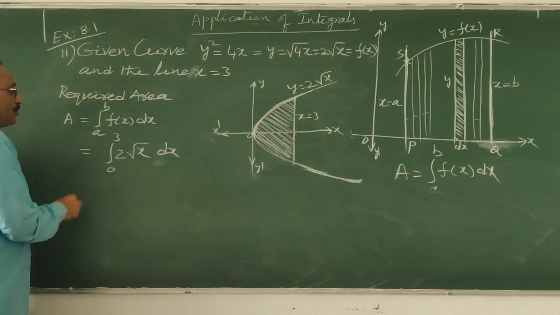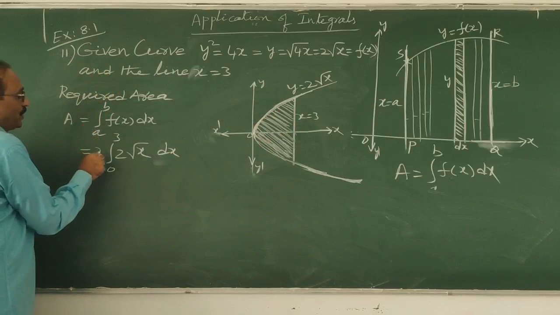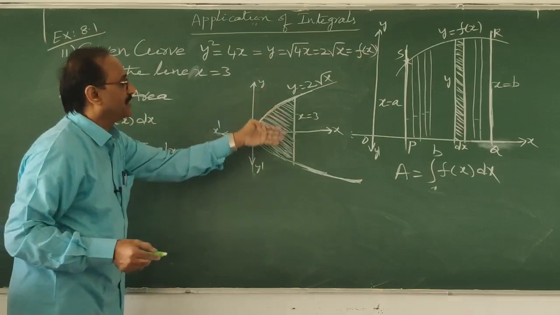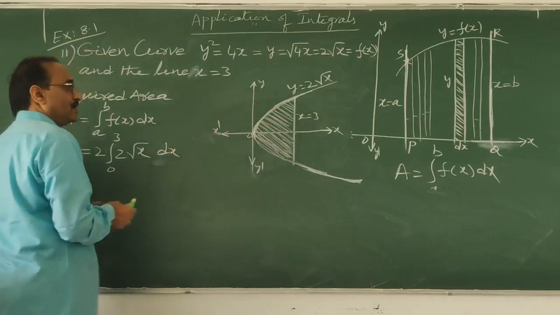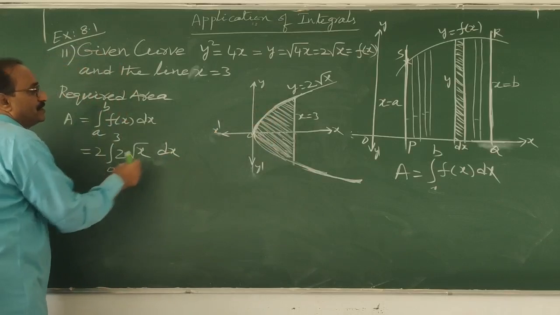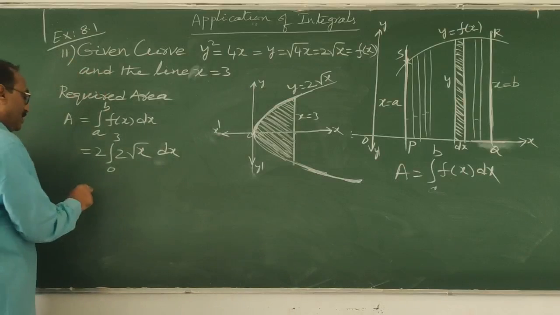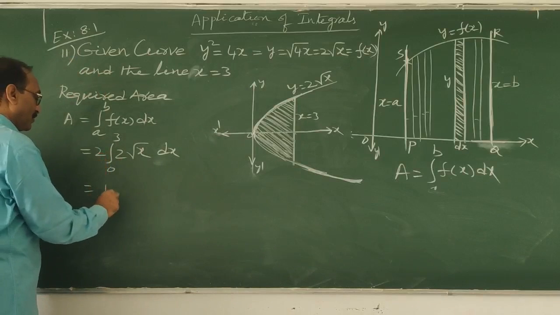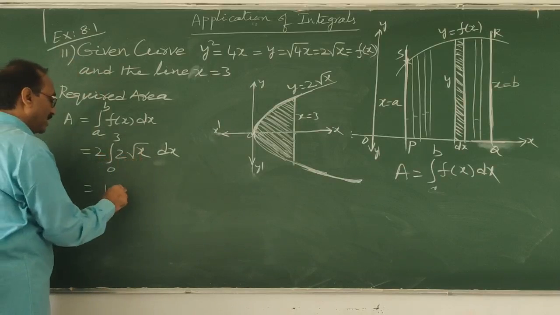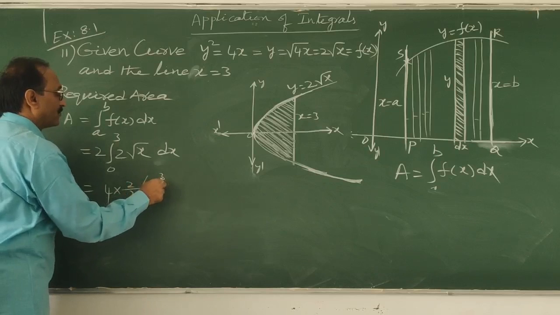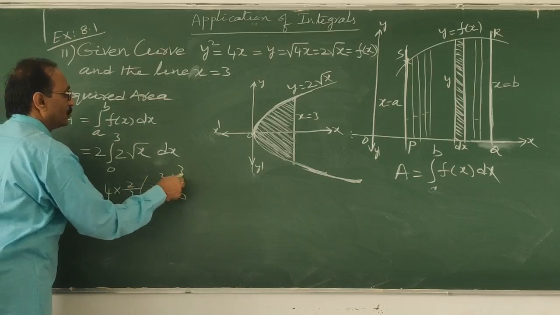Now, what will you do here? We multiply with 2. I told you, integral A to B f of x dx, only one thing you are finding, 0 to 3, and you have to multiply with 2. So 2 into 2, 4, comes outside. Root x integral, we are very familiar, 2 by 3 into x to the power of 3 by 2, 0 to 3.